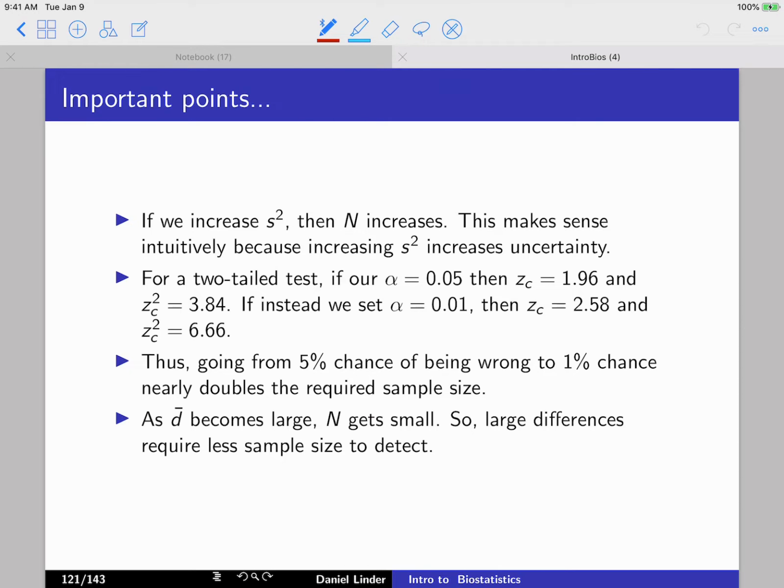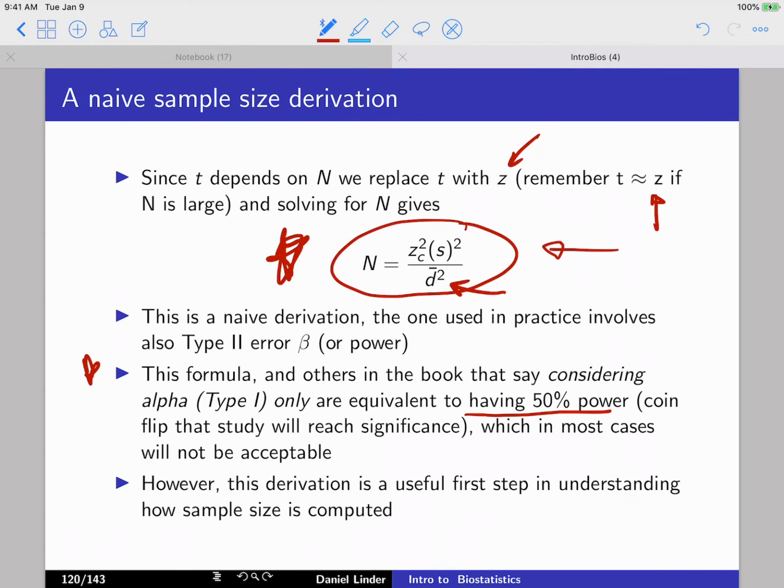Some important points that we can gauge: if we look at this naive formula on the previous slide, we can get an idea of what happens as certain things change. For instance, if we increase s squared, or s, our sample standard deviation, that's up here in the numerator of this quantity. Let me remove some of this so we can get a better picture.